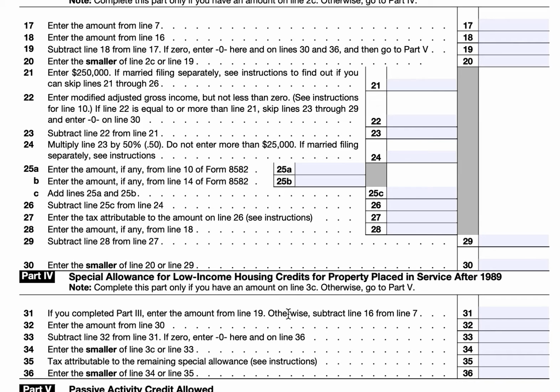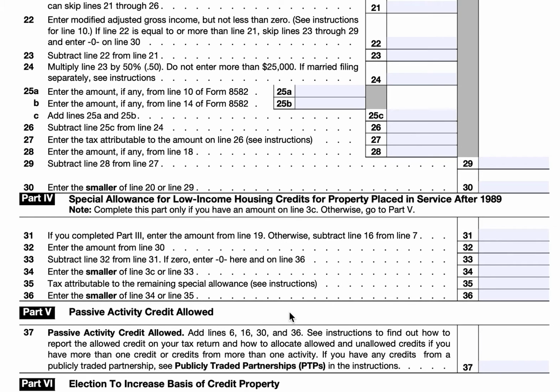In part 4, we'll talk about the special allowance for low-income housing units for property placed into service after 1989.